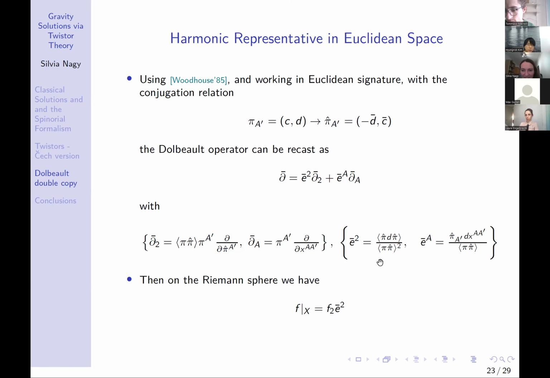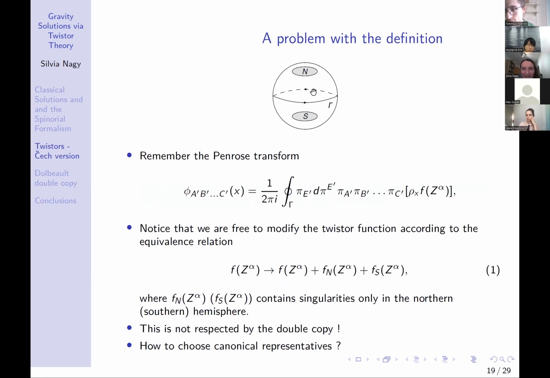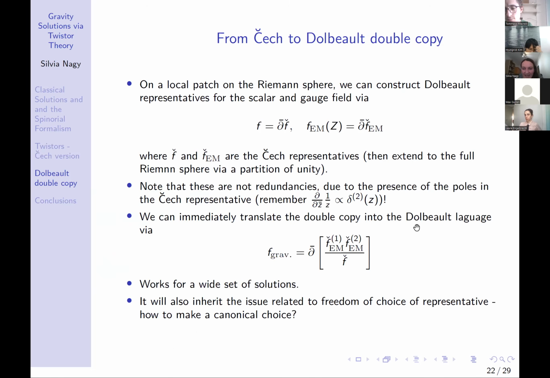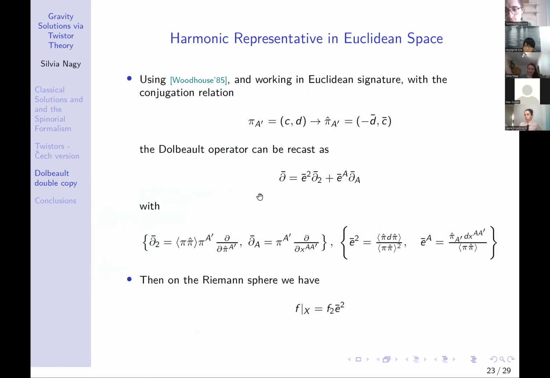And to see this, when I have this Riemann sphere, I can think of pi and pi hat as coordinates on this sphere, right? And the Riemann sphere corresponds to a fixed point x in spacetime, so just one point. And this basis I have here is for the full twistor space.